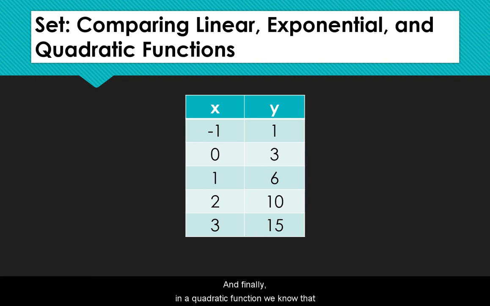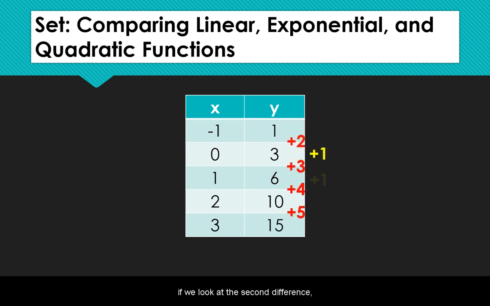And finally, in a quadratic function, we know that if we look at the second difference, that has to be common. So in this case, each of our x values is increasing by 1. Our y values' first difference is not the same. It is not common. But when we take the difference of those first differences, or the second difference, it is common, and it is positive 1.